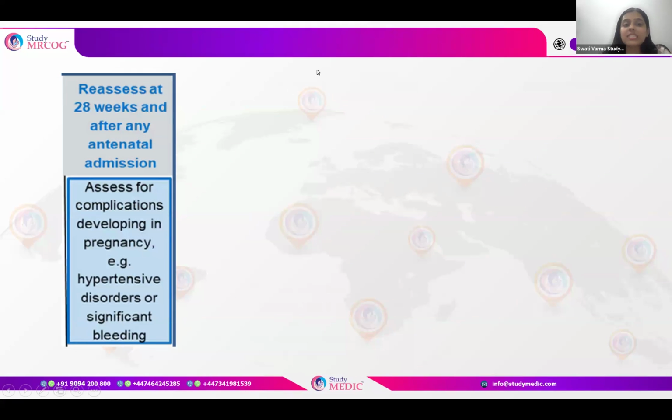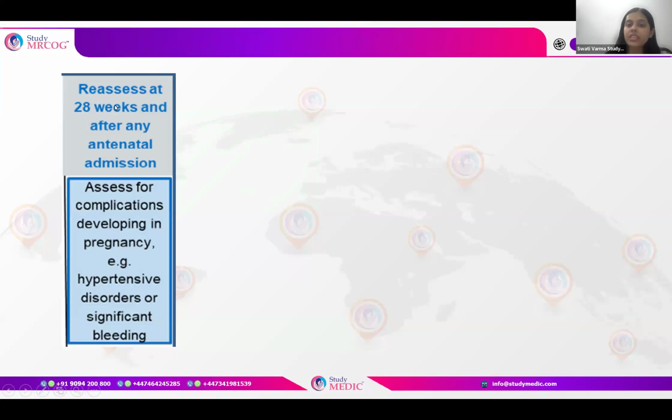Now, risk assessment is a thing that has to be carried out routinely throughout the pregnancy. So again, suppose she develops something new at 26 weeks or 24 weeks, then you have to keep on reassessing her for development of any new risk factors. So reassess at 28 weeks and after any antenatal admission. Anytime admission has been carried out, reassess her.